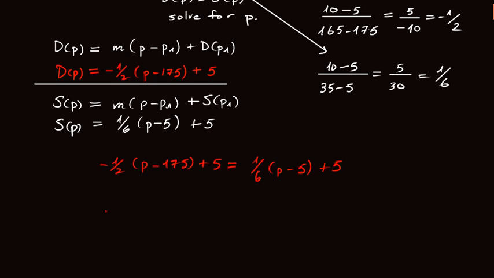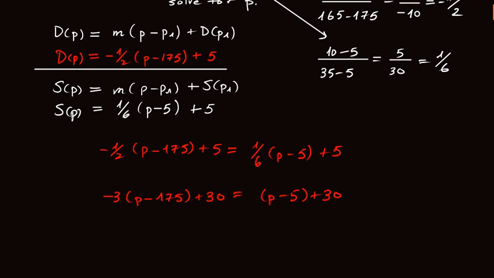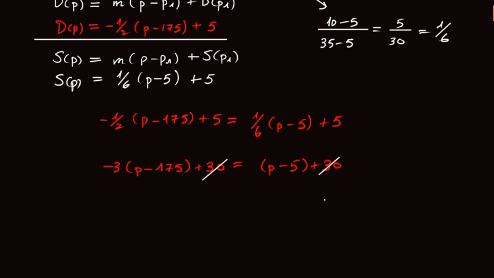That will get rid of the annoying fractions. So 6 times minus 1/2 is minus 3, so I get minus 3 times p minus 175, and then 6 times 5 is 30. 6 times this will just clear out the 1/6, and then 6 times 5 is 30. Okay, notice now the 30s cancel, and then I can multiply this out, I get minus 3p plus 3 times 175.